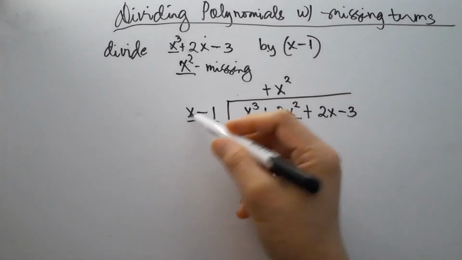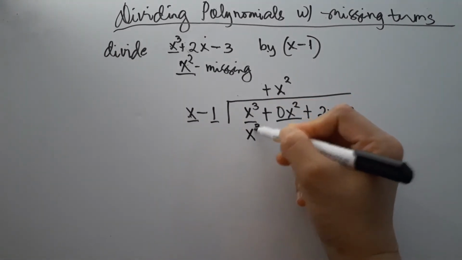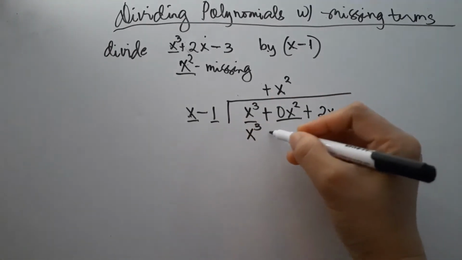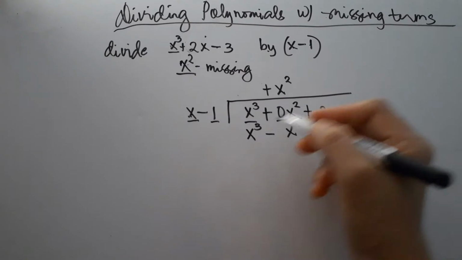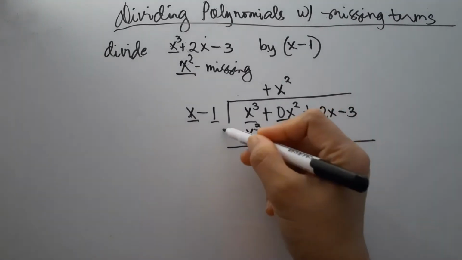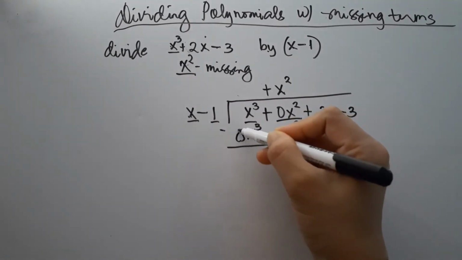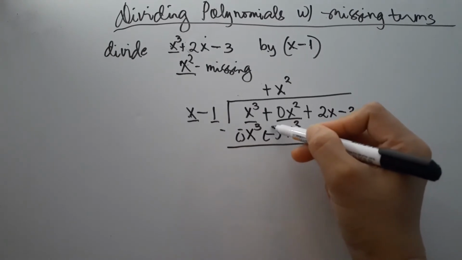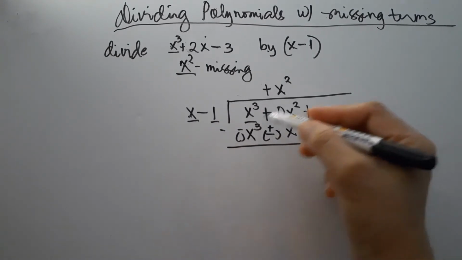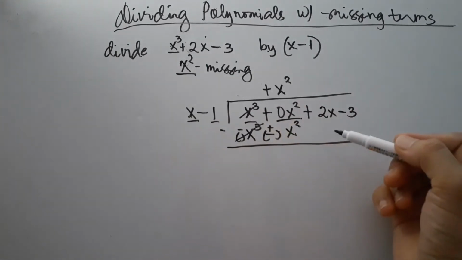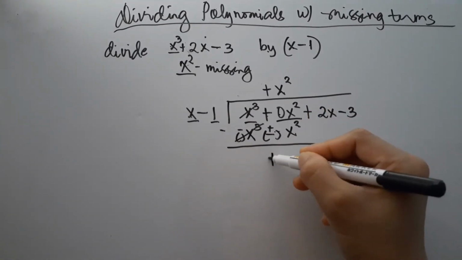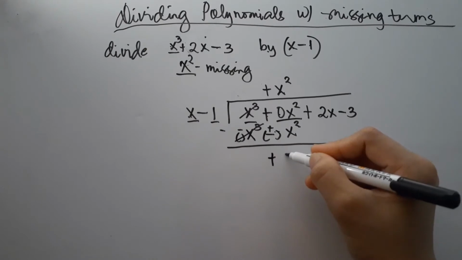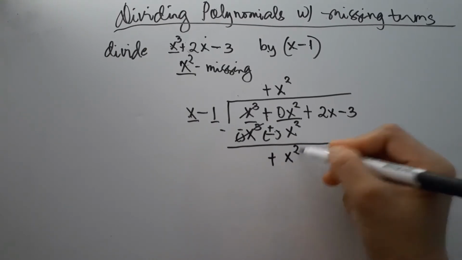Then x squared times x becomes x cubed. Then x squared times negative 1 becomes negative x squared. Then remember the subtraction rules. We change into the opposite sign of the second row of polynomials. They cancel out x cubed. Then positive 0x squared plus x squared becomes x squared.